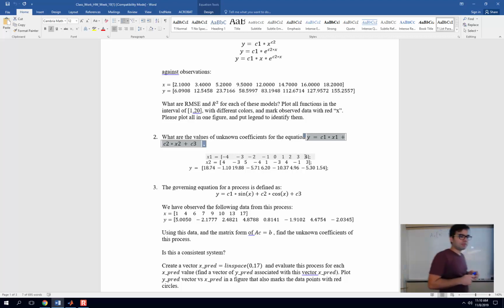And then, what is B? Y prime. Then A backslash Y prime. How many elements will I have when I do A backslash Y prime? I'll have 3. The first element is C1, then C2, and C3. Does this make sense?